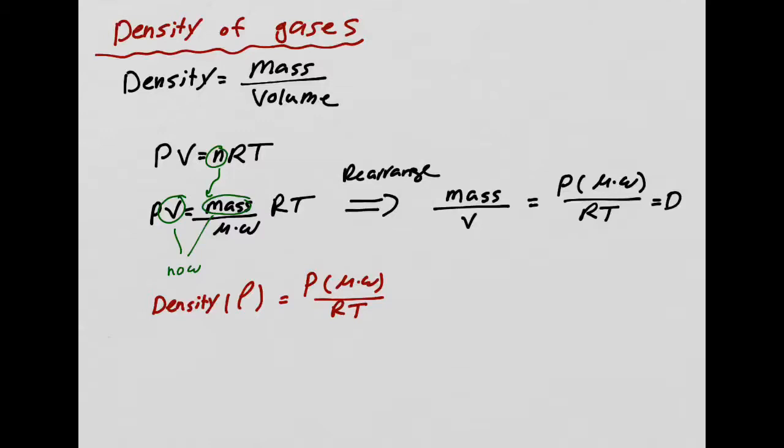Now, I'm also going to rearrange and find a different form of this equation, and I'm going to rearrange to isolate molecular weight. Molecular weight would equal density times RT over P. Again, these are all the same. These both go back to this. I'm just rearranging to isolate what I want, to solve for what I want. So far, so good? Okay.